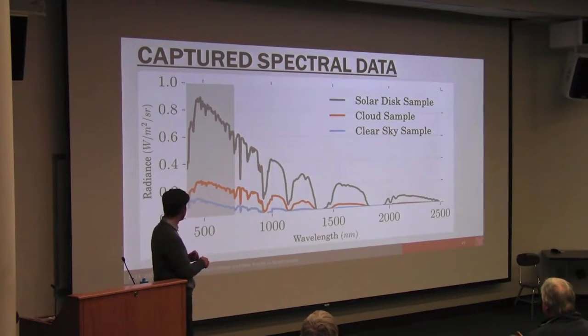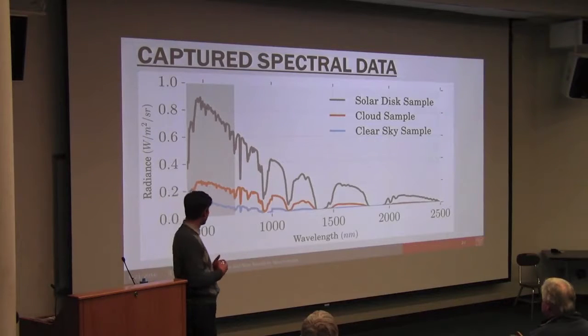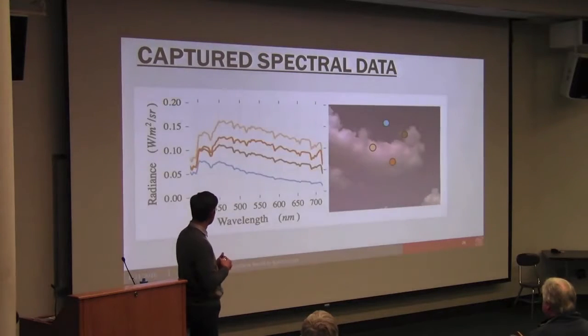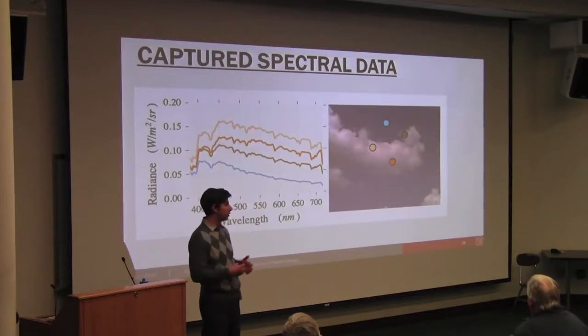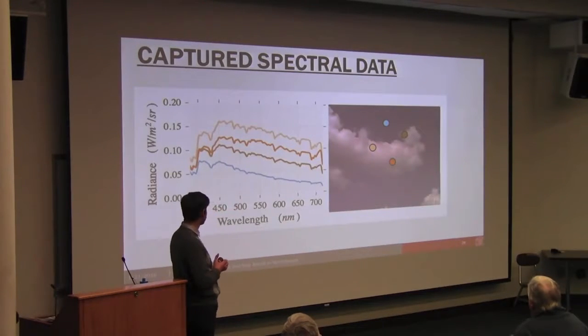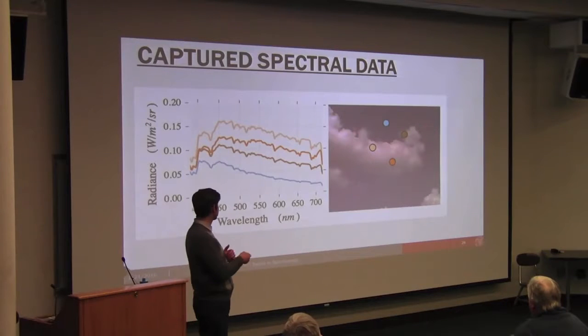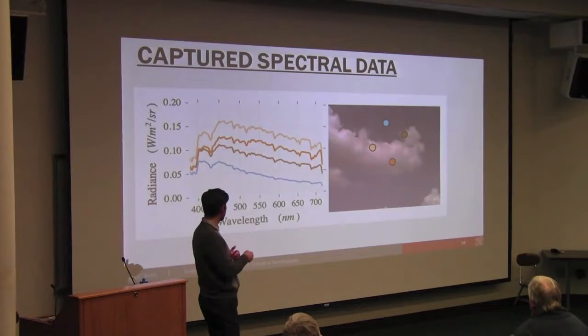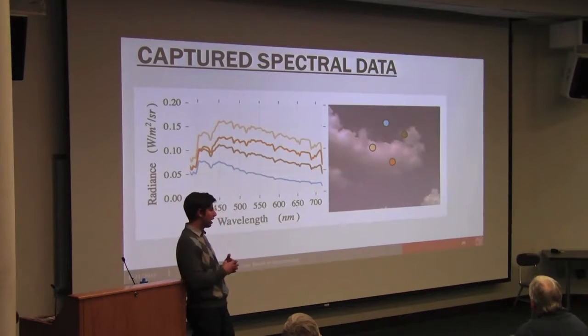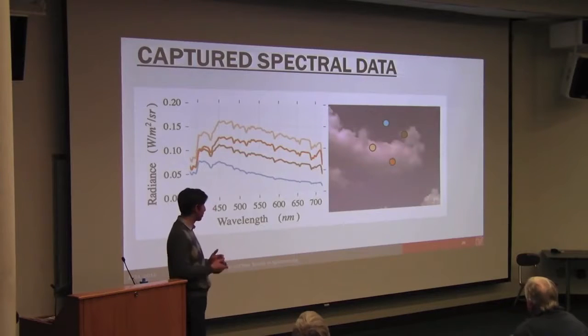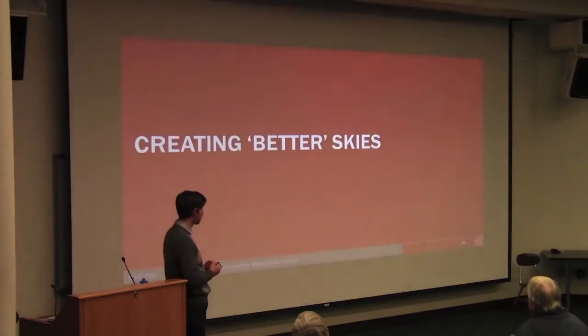Not as powerful as the sun, but more powerful than just the blue sky. If we sample the sky and different clouds at different spots, we also get different spectra, and that's interesting too: it's more powerful than the blue sky, but depending on how the light is reflecting off it or multiply scattering throughout it, you're going to have different properties throughout the entire process.